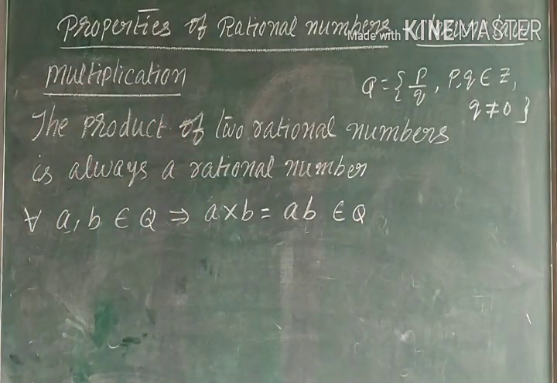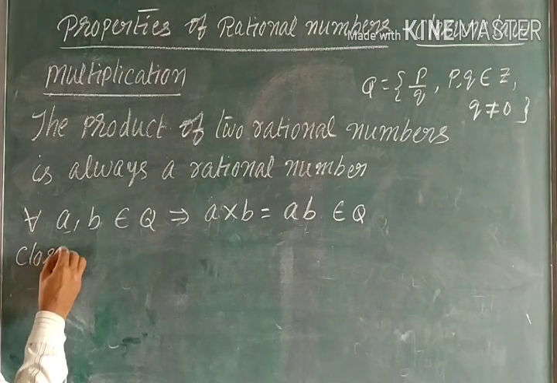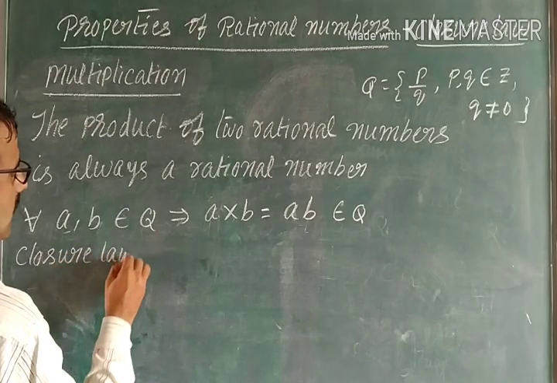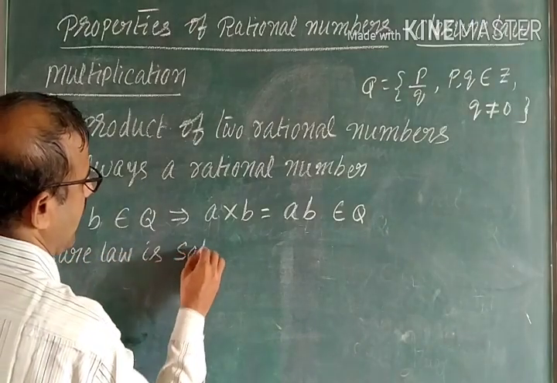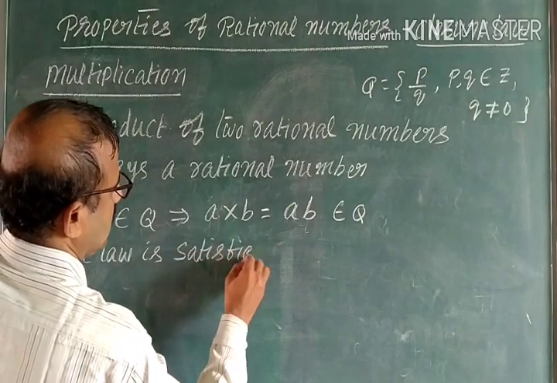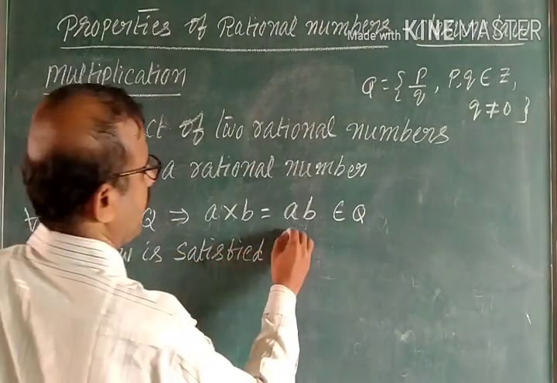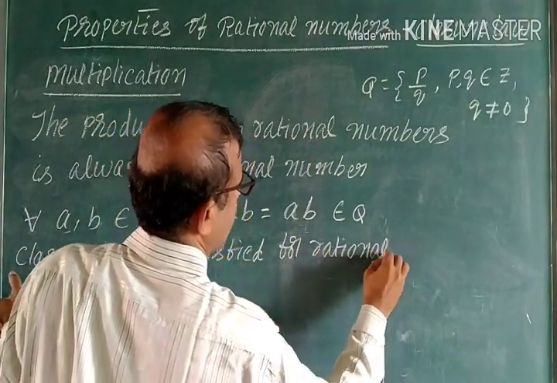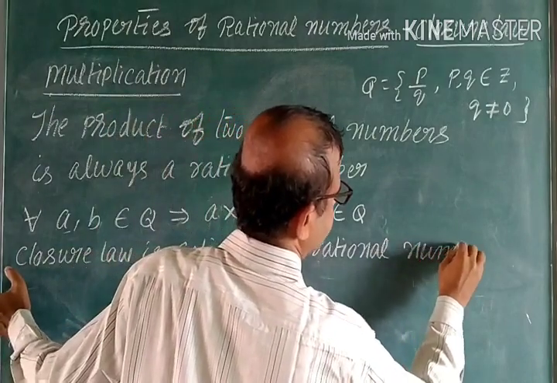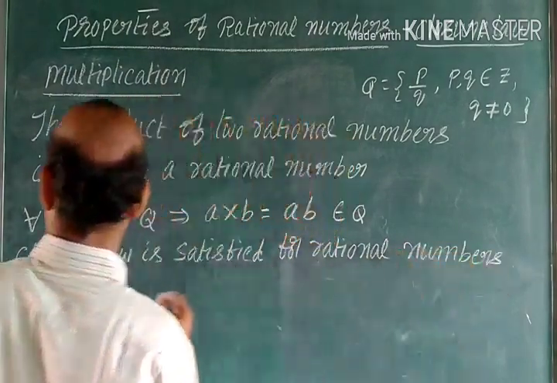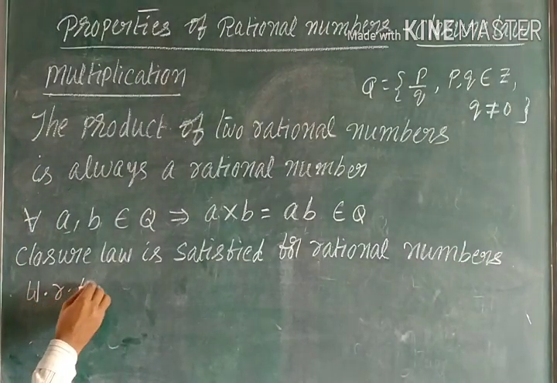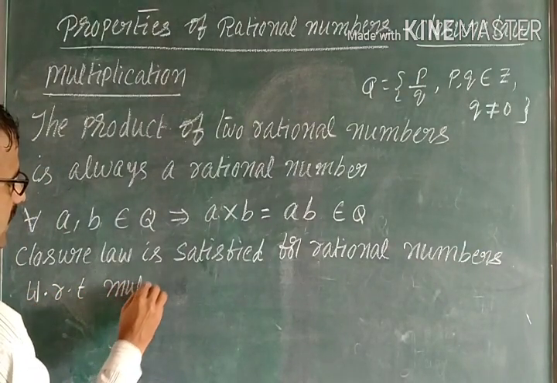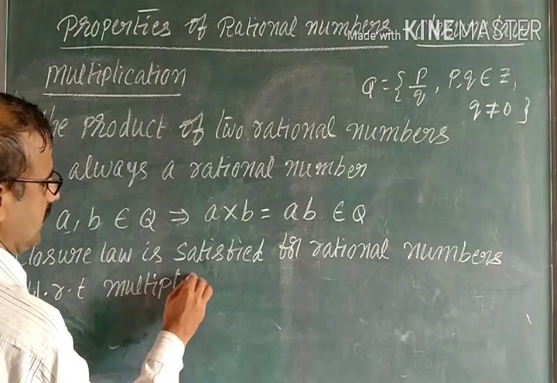So we conclude that closure law is satisfied for rational numbers with respect to multiplication.